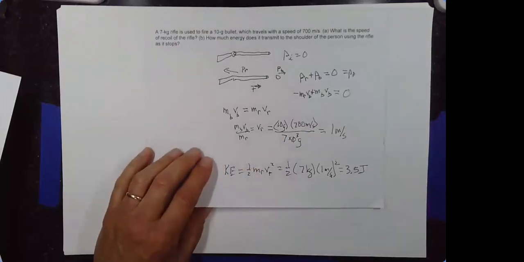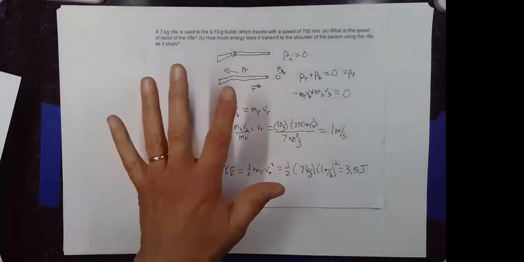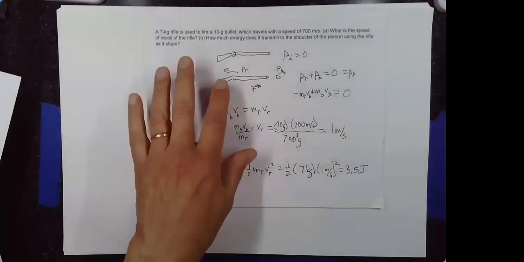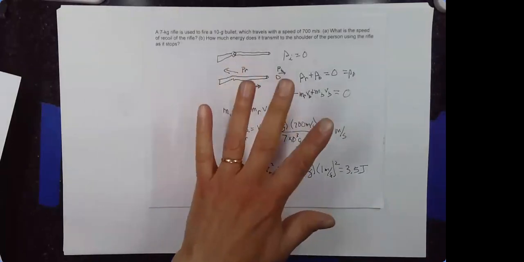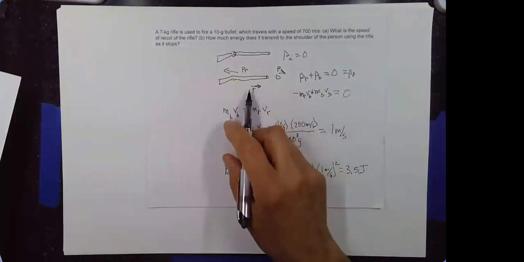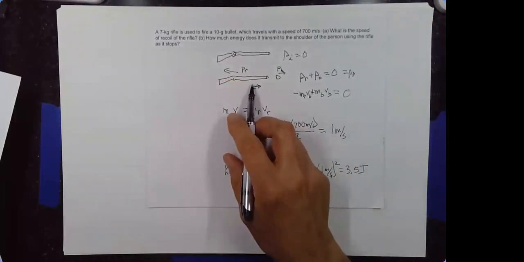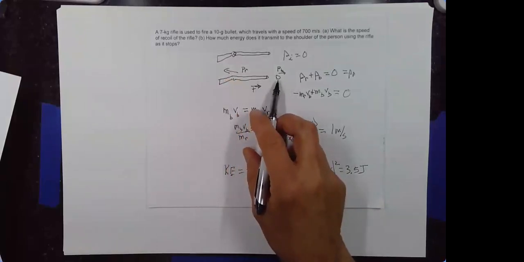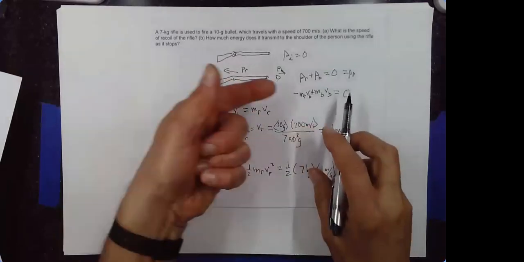By the way, this does ignore something. It only looks at the rifle and the bullet that's heading out of it. The rifle actually acquires a bit more recoil than that because the bullet isn't the only thing that comes out of the barrel heading in that direction.